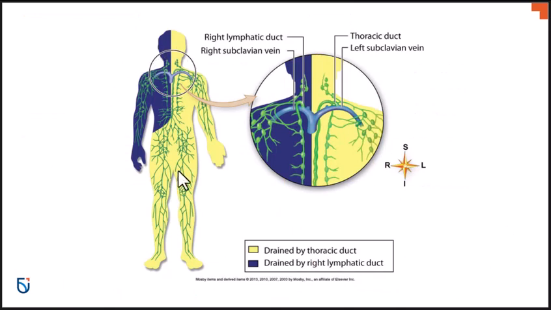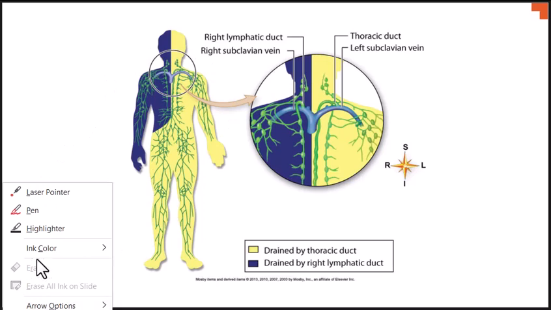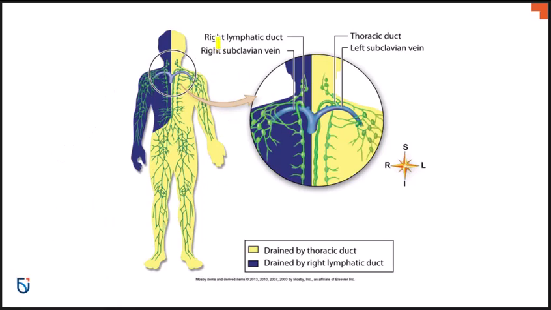So this is definitely an important slide that you should know. Lymph from the entire body, except for the upper right quadrant area here, except this blue part here, is eventually going to be drained into the thoracic duct.